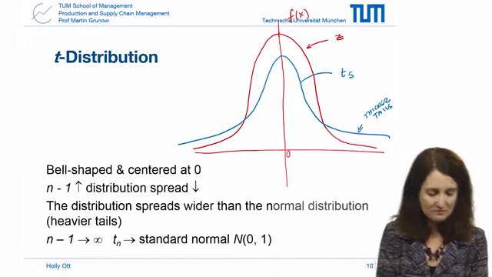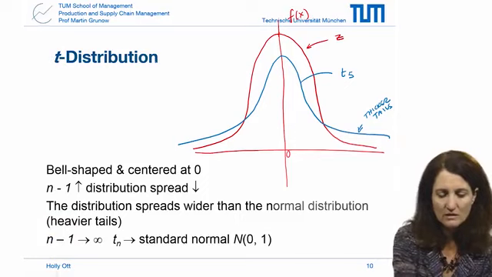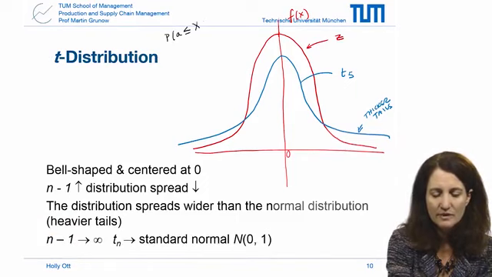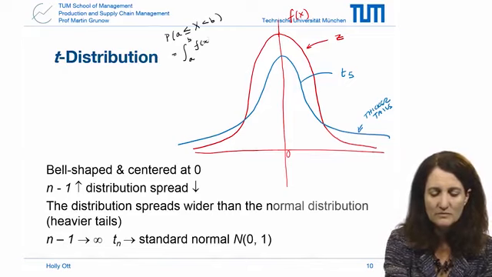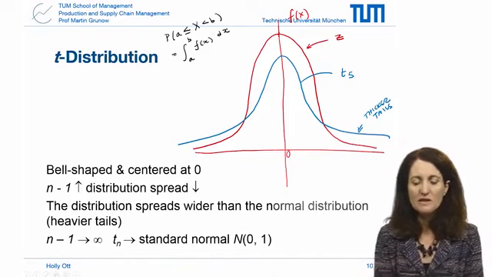Now, what does this mean? So we have to go back a little bit to our probability. If we have, for example, the probability that our random variable x is between 2 points, we learned that we have to integrate our probability density function to get that probability.